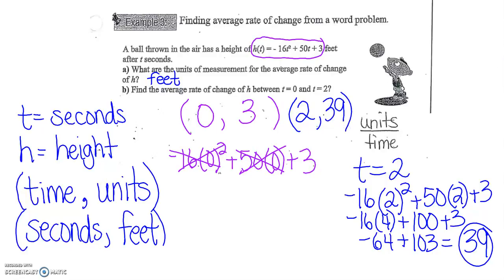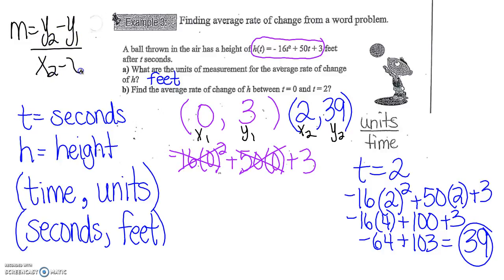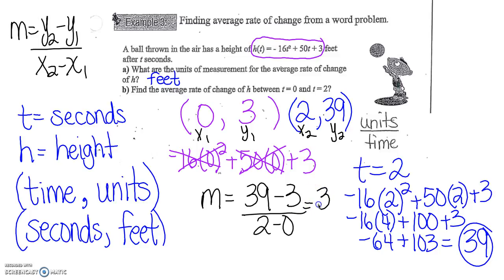So now we can label these x1, y1, x2, y2. So now, in my formula, that I didn't write down yet, m equals y2 minus y1 over x2 minus x1. So m equals 39 minus 3 over 2 minus 0. 39 minus 3 gives us 36 over 2, which gives us m equals 18.